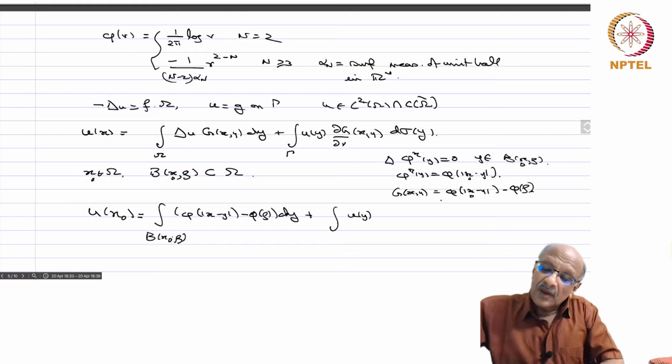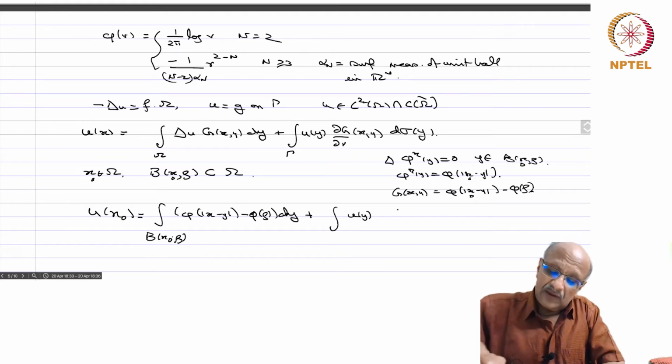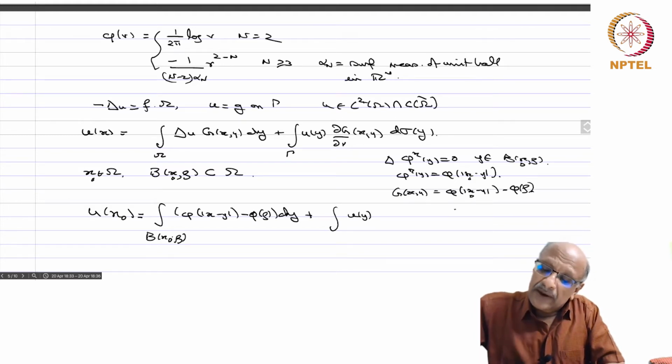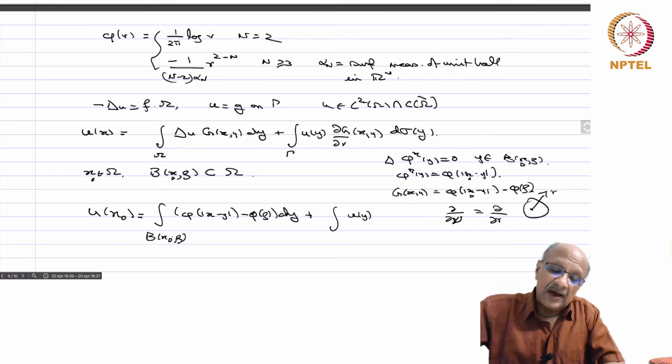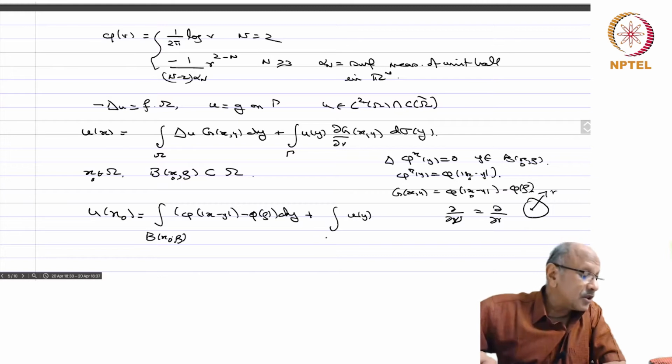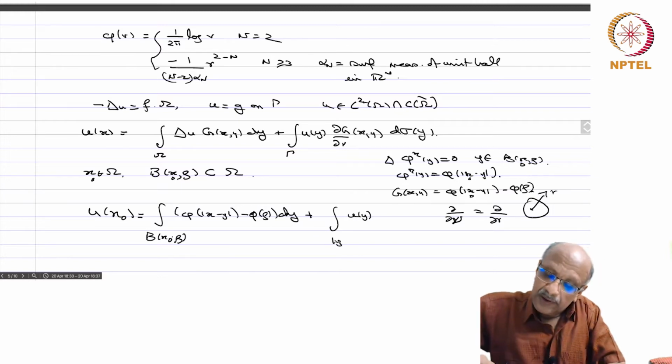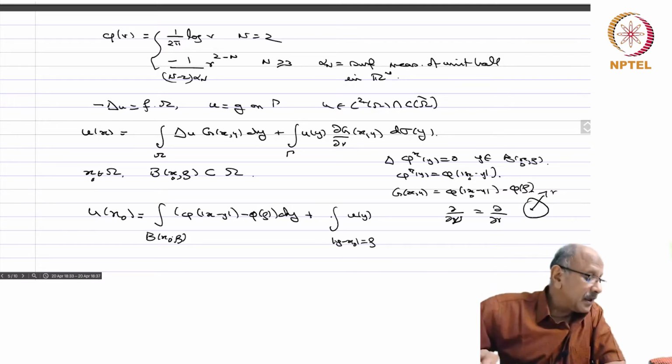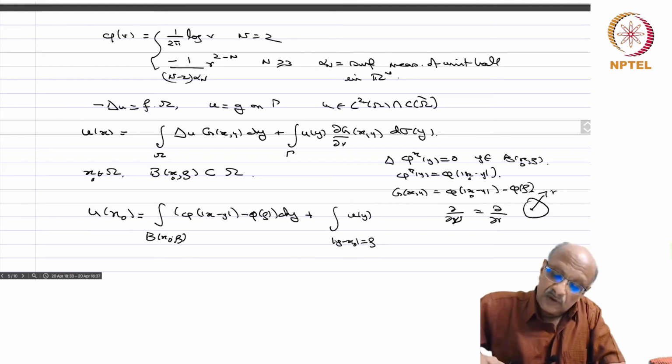and then what is d by d nu? d by d nu is nothing but d by dr, because you have a ball and r is the normal direction. So if you put it there, you get mod y minus x naught equal to rho, and if you compute d phi by dr, it is just 1 by alpha n rho to the n minus 1.